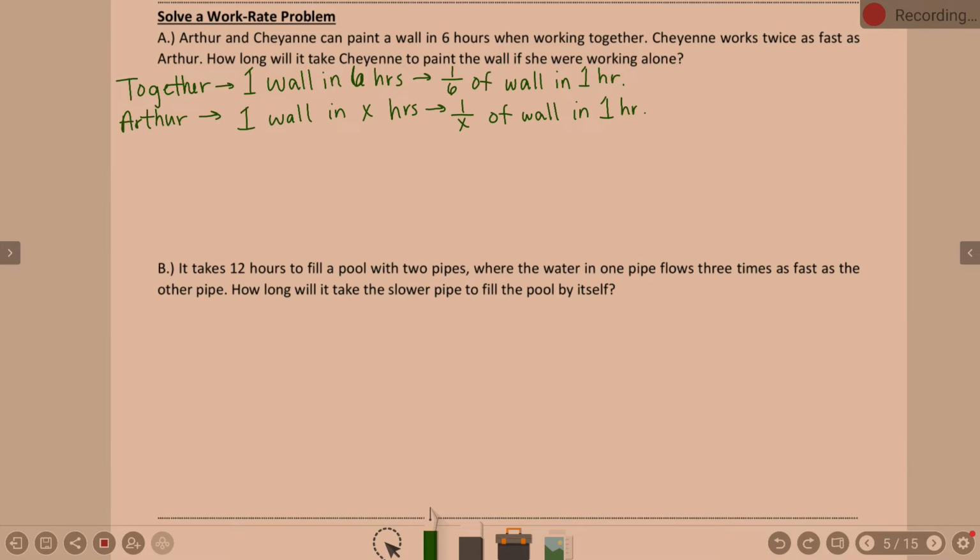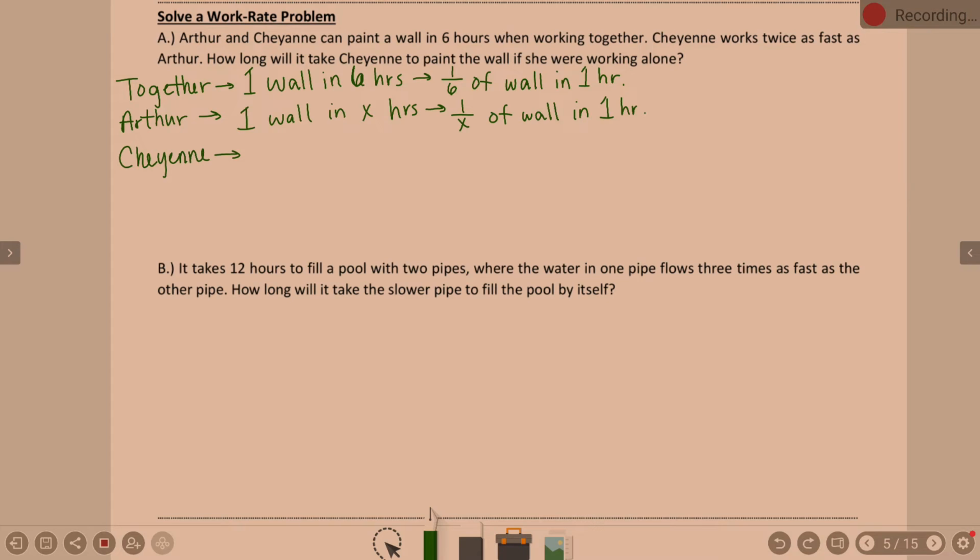I don't know if that is a proper way to say it or not, but he can paint 1 over X of a wall in 1 hour. And it's not that you have to write all this information out right here, but this is the first time we've done these. I want you guys to have the information to look back on.